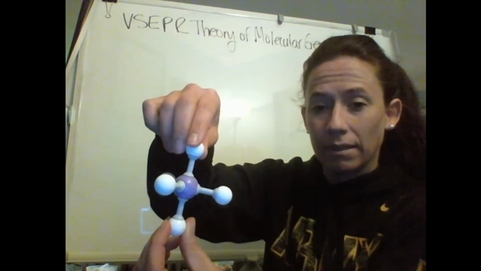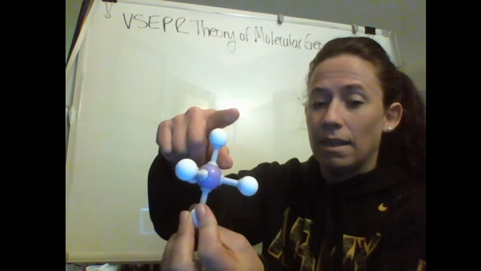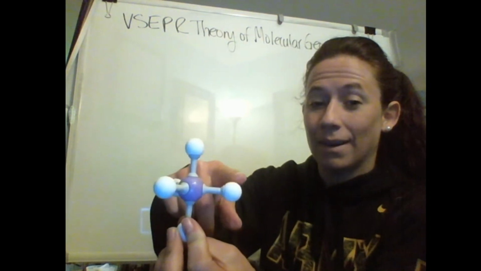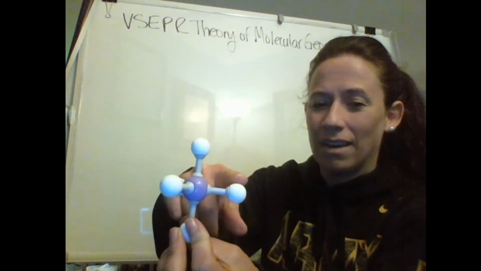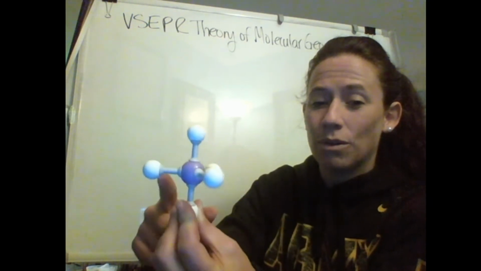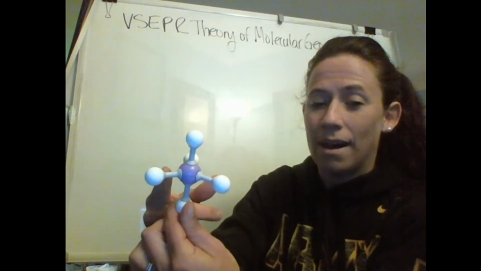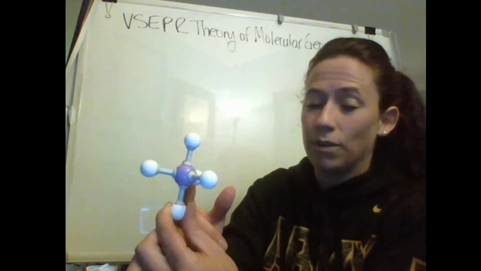So we've got 2 bond angles this time. There is a 90-degree bond angle between the axial and equatorial domains. So here you have a 90-degree angle. But between the 3 atoms in your equatorial domain, you have a 120-degree angle.